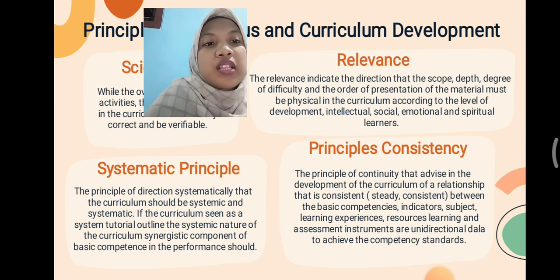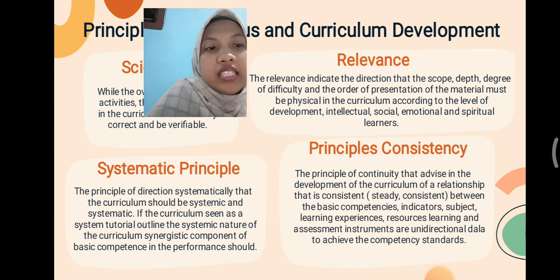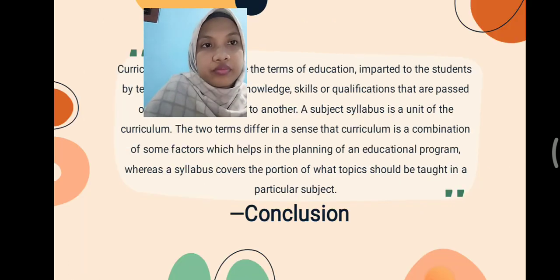The principle of continuity advises in the development of the curriculum a relationship that is consistent between the basic competencies, indicators, subject learning experiences, learning resources, and assessment instruments that are unidirectional to achieve the competency standards.